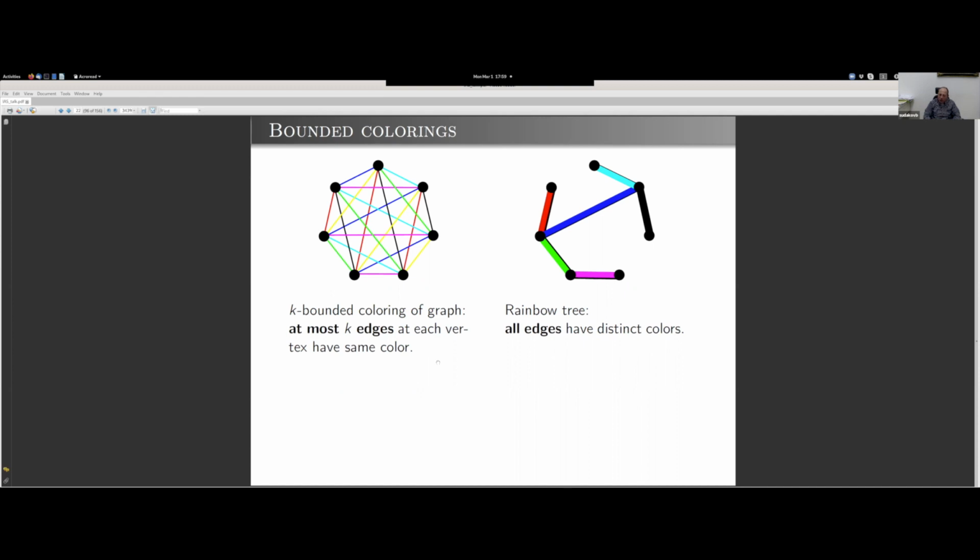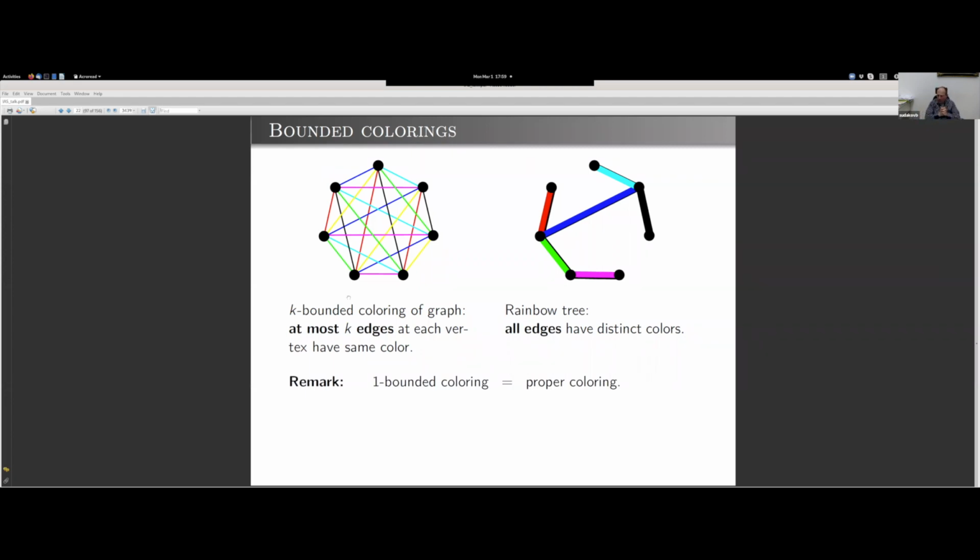So before I was looking at proper edge colorings. A proper edge coloring means that at every vertex, all edges touching it have different colors. Now I extend it a little bit, and you'll see why it gives me a little more space for more general results. I will look at k-bounded colorings. My coloring is k-bounded if at every vertex there are at most k edges of the same color. So in particular, a proper coloring is just a 1-bounded coloring.